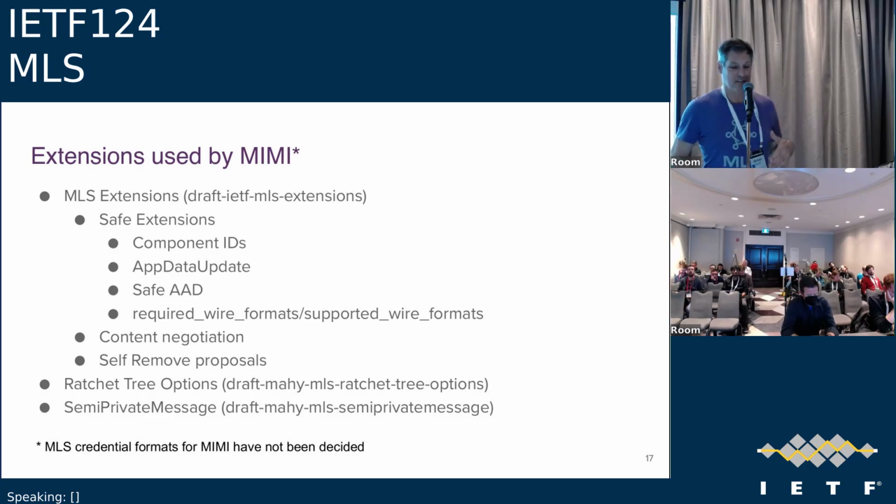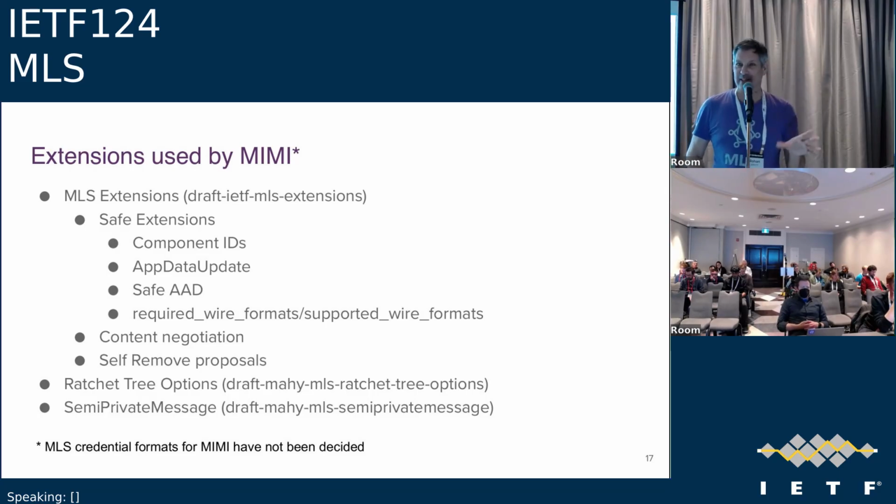Last time we talked about this in Madrid, I think there was some interest in ratchet tree options. There were multiple implementations. There were not multiple implementations of semi-private message. Actually, maybe not even a single implementation yet. But the rest of the stuff, there are people who are implementing. It'd be great if we could adopt ratchet tree options. Just saying.